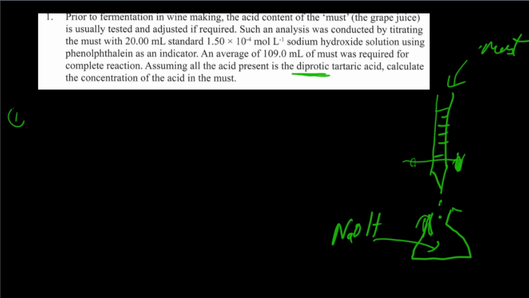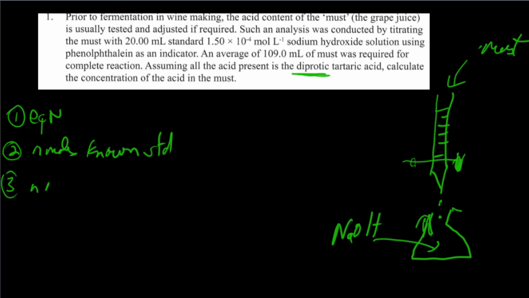If we go back to our general strategy, firstly we like an equation. The second thing that we like to do is find the number of moles of known, that's our standard. Thirdly, from that we can find the number of moles of unknown.